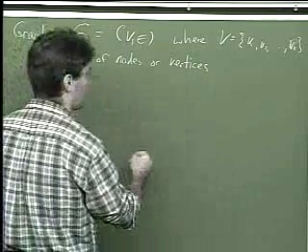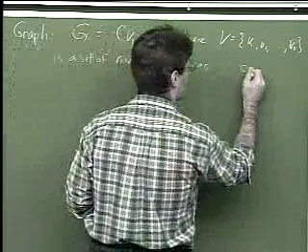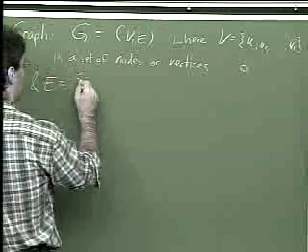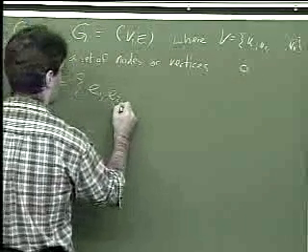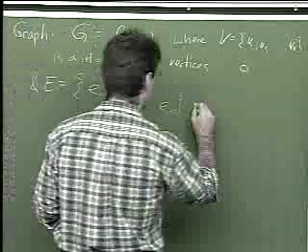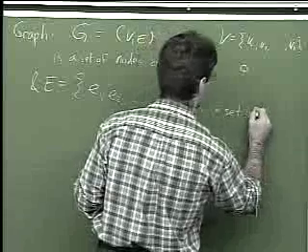Nodes and vertices are the same thing. They'll be drawn as little circles. And E is a set of edges.